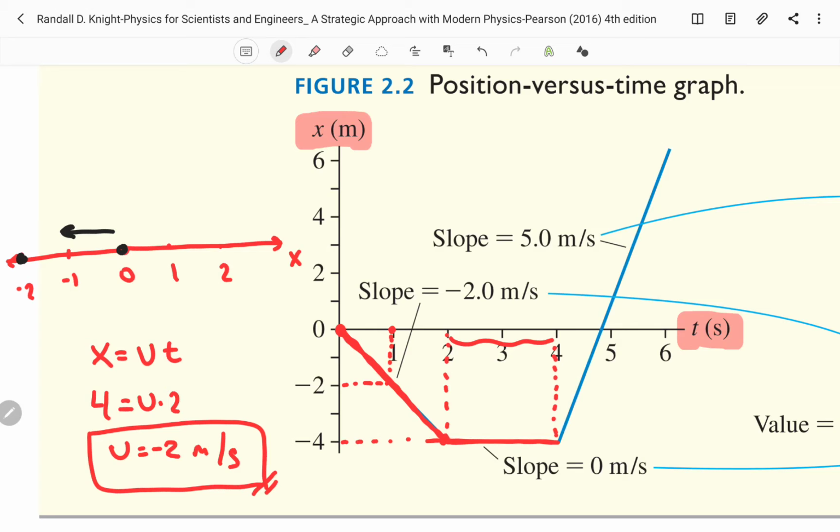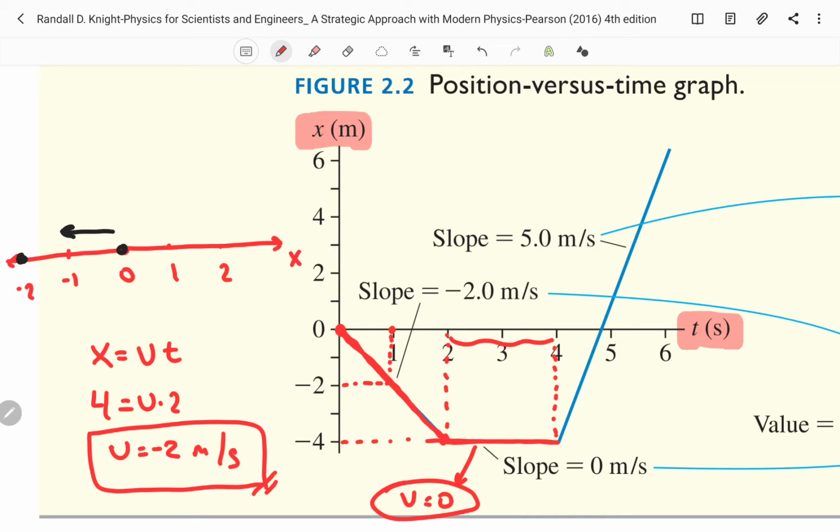It means this car is not moving during the next 2 seconds, because position remains constant. Position is not changing. It means this car is staying at one point. It's not moving. So velocity is basically 0. So here velocity equals 0 between 2 seconds and 4 seconds.